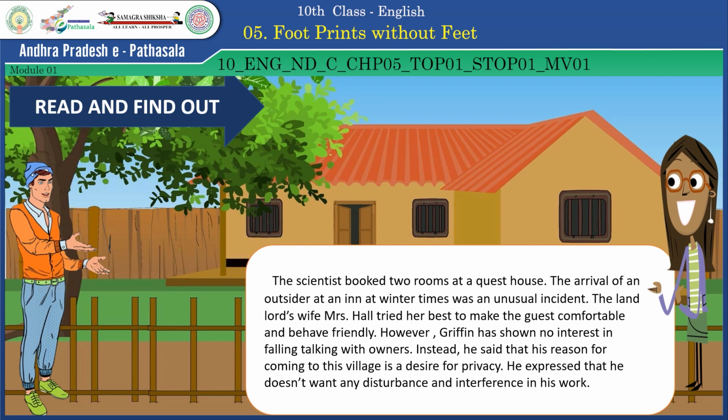However, Griffin showed no interest in talking with the owners. Instead, he said that his reason for coming to this village was a desire for privacy. He expressed that he did not want any disturbance or interference in his work.